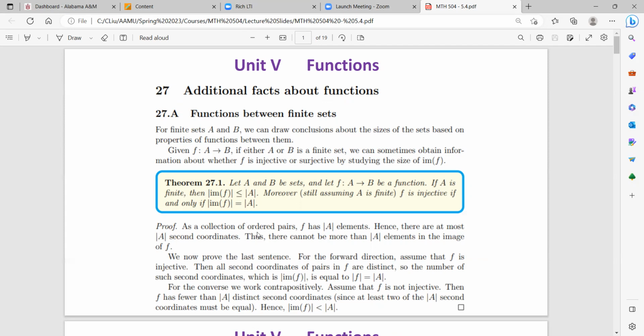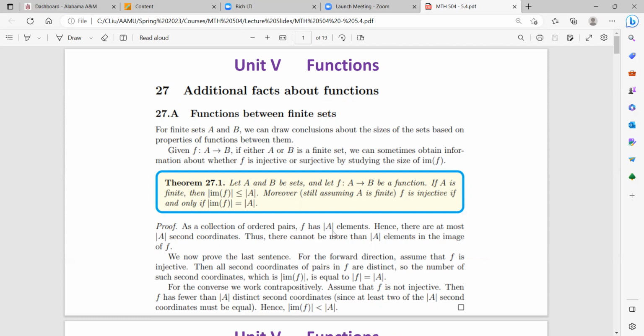If you think of a function as all the pairs, then the function has all the pairs of size A, right?